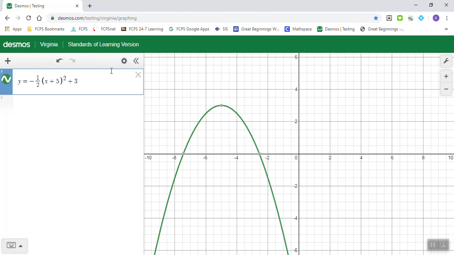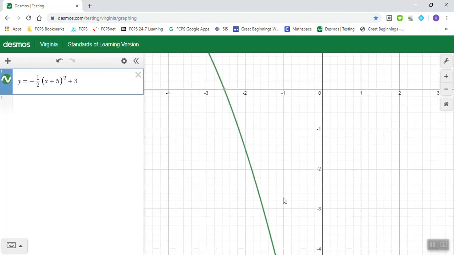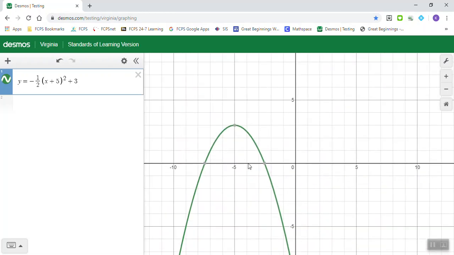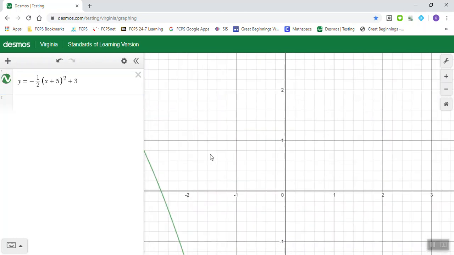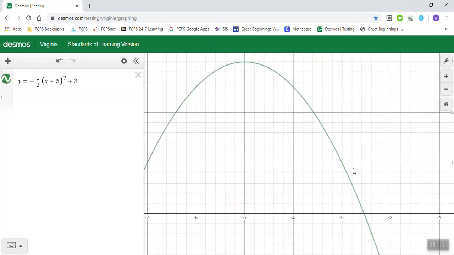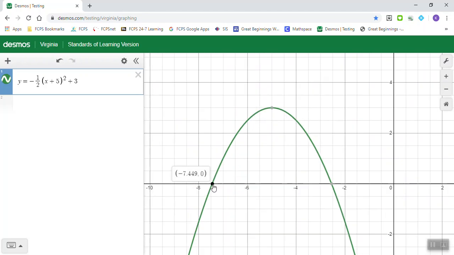So we can see my new U-shaped graph. And again, I see some points to plot. And if I don't want to plot my decimals, that's fine. You can zoom in and try and find some other ones. You can zoom out. All depends on what you want to do. Looks like there's a point here at -3, -1. So whatever you're most comfortable with is fine with me.